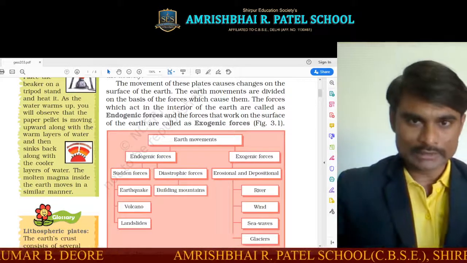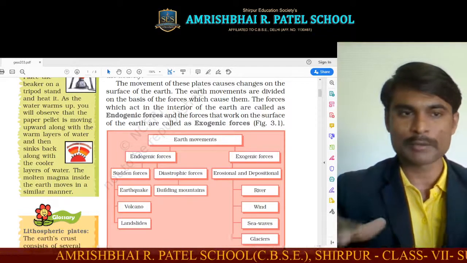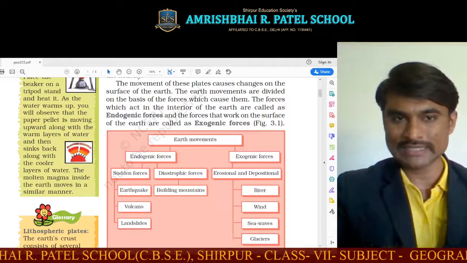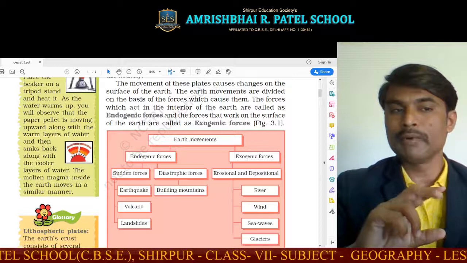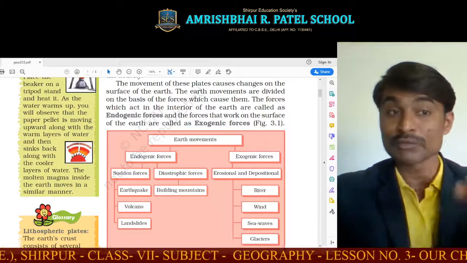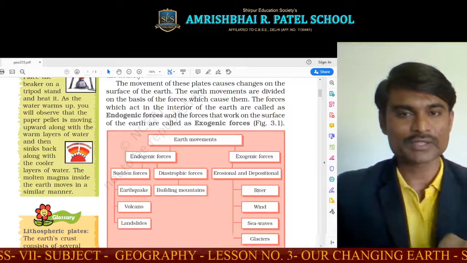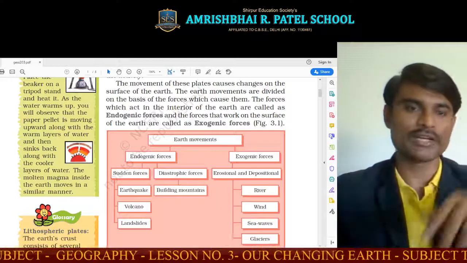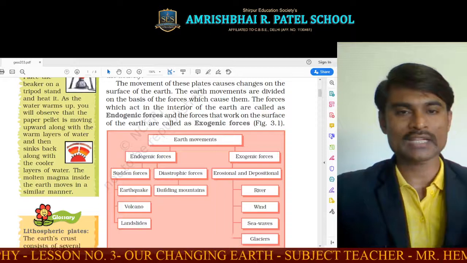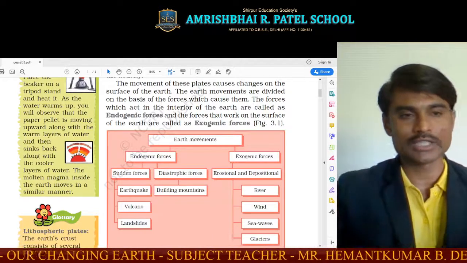Lithosphere is the uppermost layer of the earth's surface, so these plates cause changes on the earth's surface. The forces which act in the interior of the earth are called endogenic forces, and the forces which work on the surface are called exogenic forces.